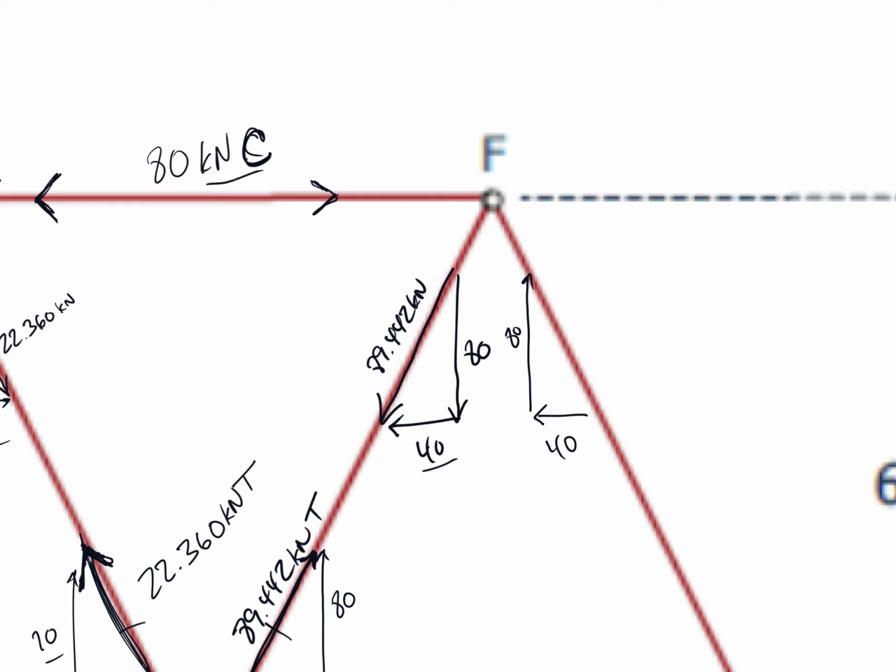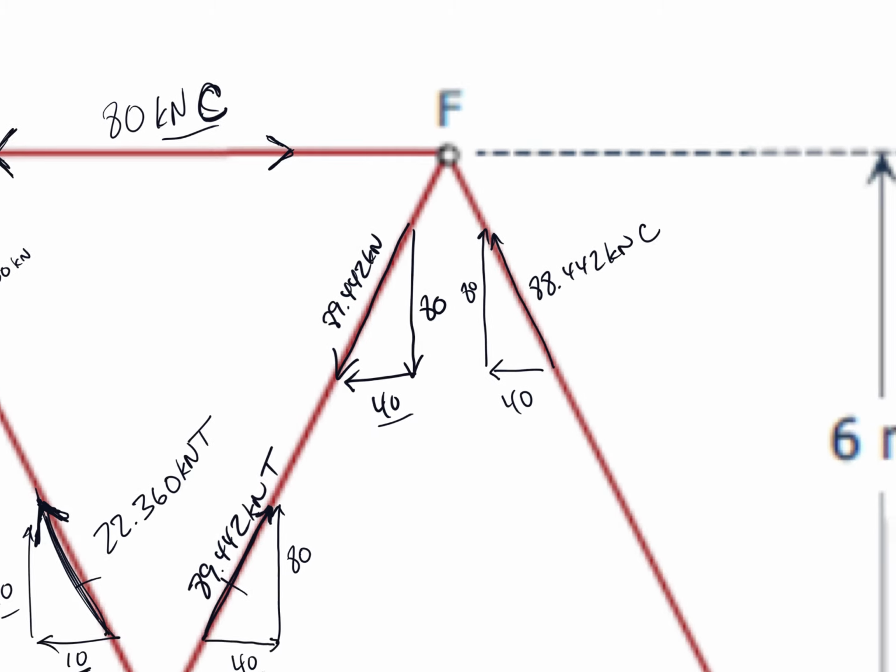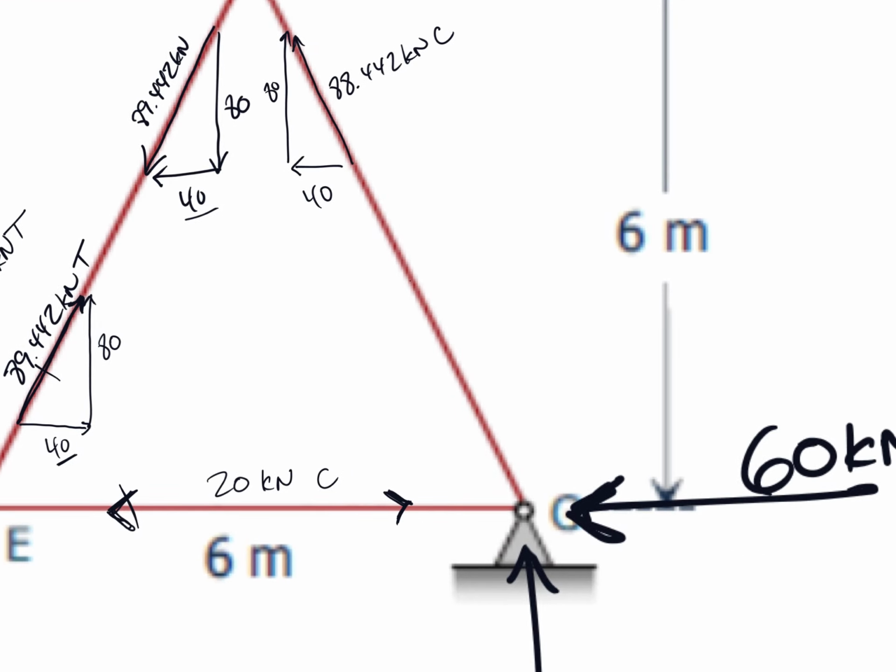Okay, which means that I get this force going like this, which is 88.442 kilonewtons. Okay, and based on its directionality, it looks like it's pushing, so this one's in compression. Okay, so this one right here is going like this, and it's 88.442 kilonewtons compression.